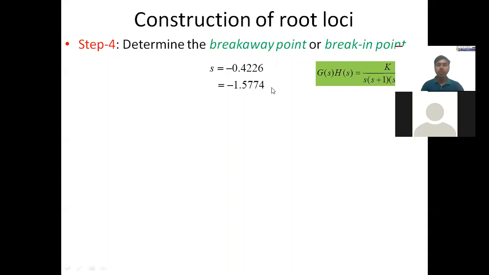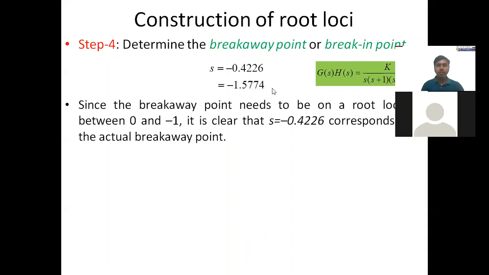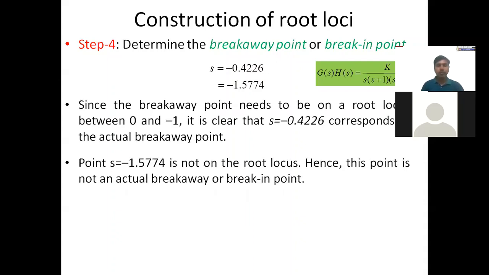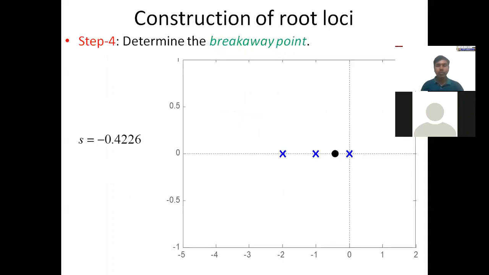If we take these two points, minus 0.4 and minus 1.5, minus 0.4 exists here, minus 1.5 exists here. Already we know that in this area only we have the root locus. Again from here to infinity we have the root locus. In between these two we don't have root locus. Therefore there is only one breakaway point, that is minus 0.4.